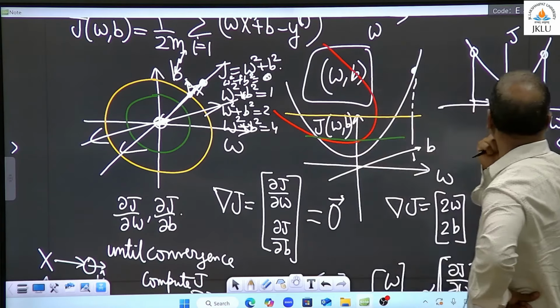So, instead of these 2 equations, what we have is one equation. Let me call this vector W, equal to W minus alpha grad j. This one line takes care of it, it does not matter how many parameters you have. So, all these are vectorized now.